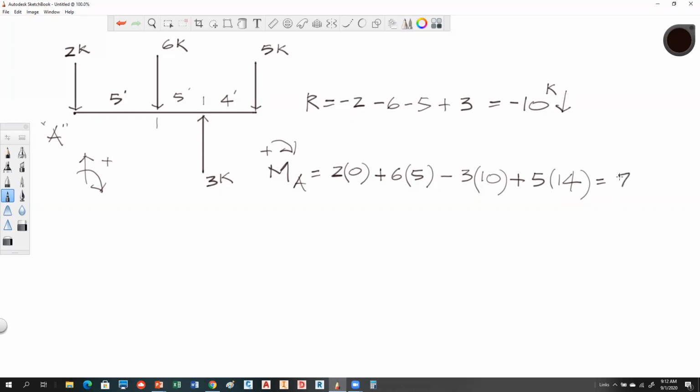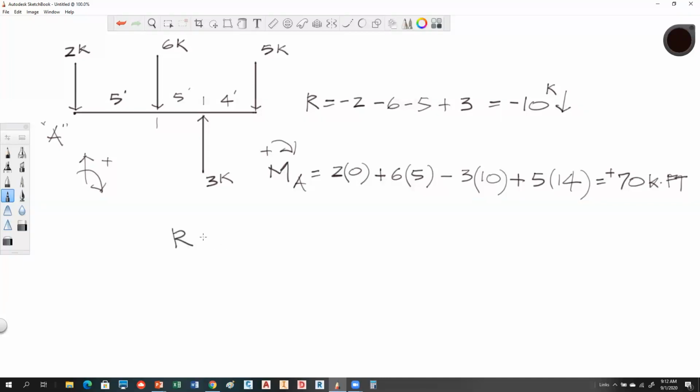Plus. Okay, so what that tells me is it has to be a clockwise moment. And what would the unit of that be? Kip feet, or you could call it feet kip; some people will reverse that. So this moment on this beam, if you're taking moments about A, is going to be a 70 kip foot moment.